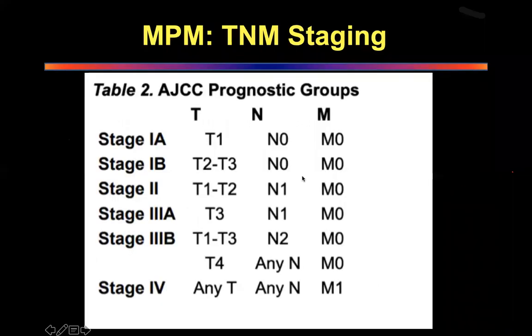Based on the T, N and M, you then get into the prognostic group where you want to stage the tumor, and the staging is stage 1A or 1B, then stage 2. Stage 3 is divided into A and B, and then stage 4.